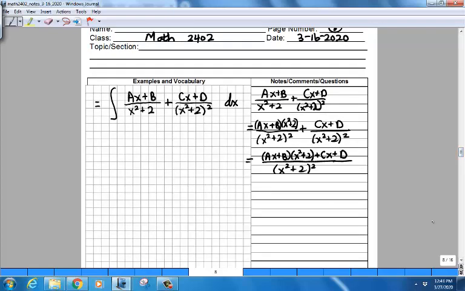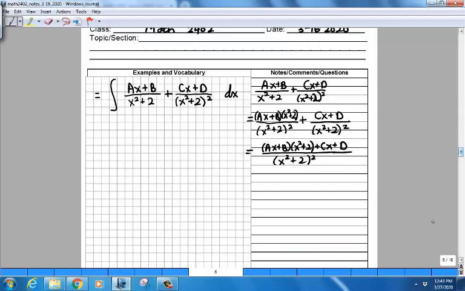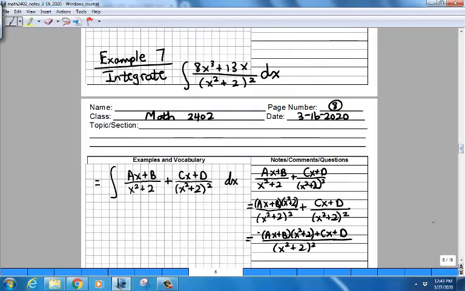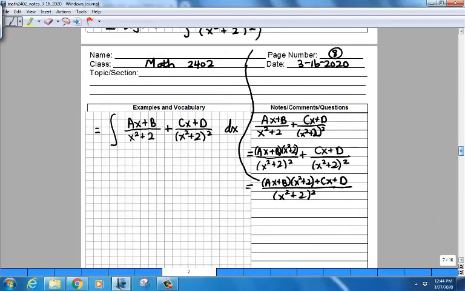Now, again, this fraction must be the same as this fraction. So (ax plus b) times (x squared plus 2) plus (cx plus d) has to be 8x cubed plus 13.